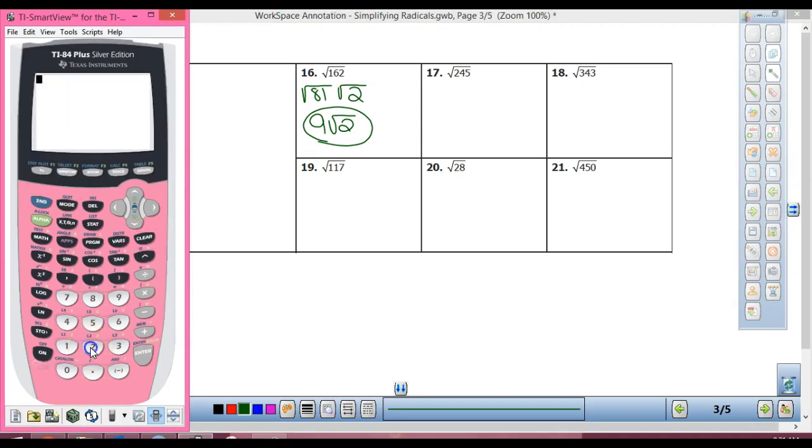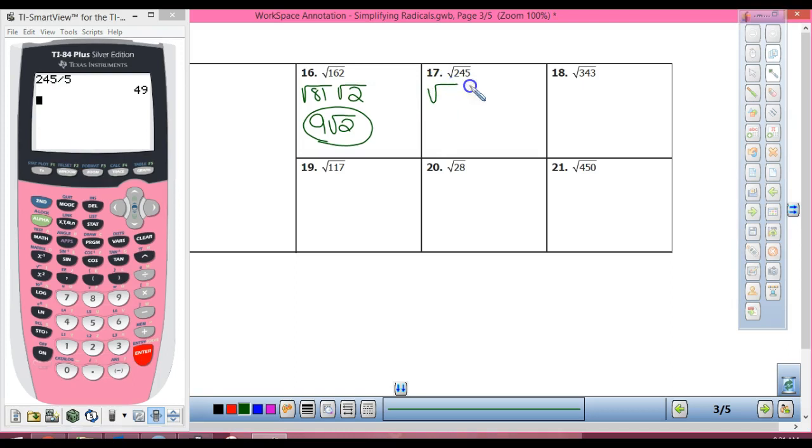So you just said 245 divided by 5. Oh, we got 49, all right. So is that a perfect square? Yep, so that'll work. So how am I going to write this? Square root of 49 and the square root of 5. So the square root of 49 is 7, so 7 square root of 5.